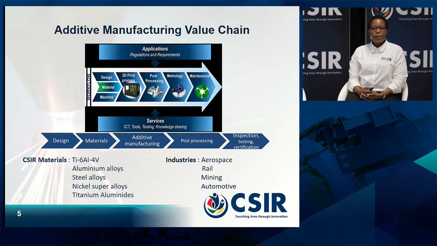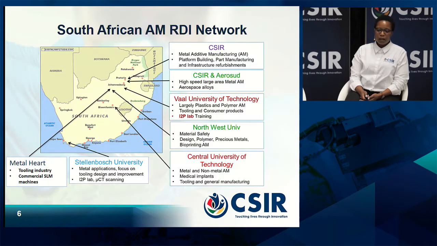So then we have post-processing, where the focus will be on heat treatment and surface modifications for you to get the ideal properties that you're looking for. And in order for the part to be used in application, one has to keep in mind the requirements for different industries, such as the aerospace, rail, mining, and automotive industries, which have different requirements in terms of the specification, the inspection, and their testing capabilities.